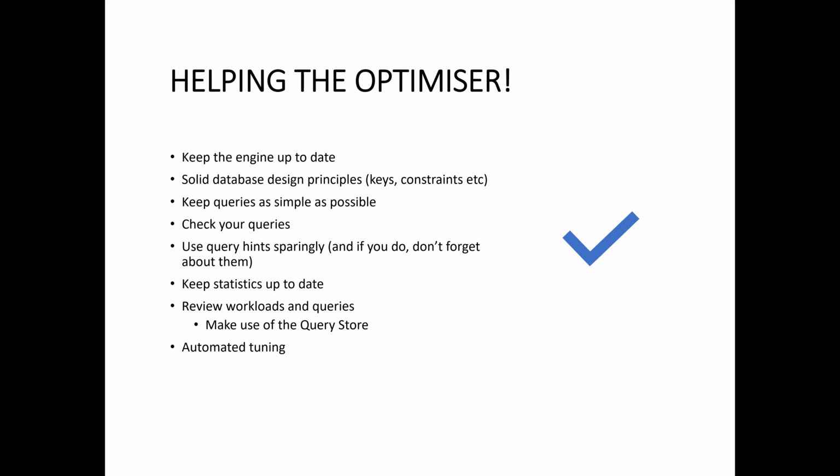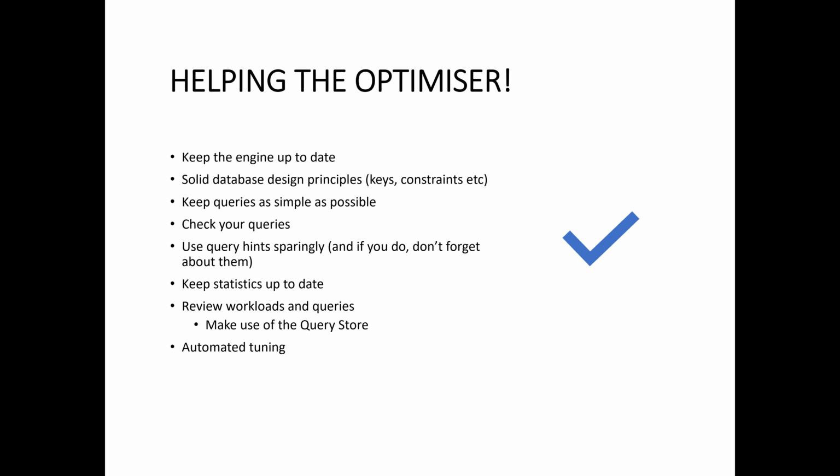Check your queries. Always have a look at queries. Be looking for things like timeouts and inefficiencies, as we would. Queries do change as data changes, so keep an eye on those. Use query hints sparingly, and if you do, don't forget about them. So we've seen here that some hints can cause detrimental effects to the query optimizer, certainly turning off things like hash match joins across an entire instance.